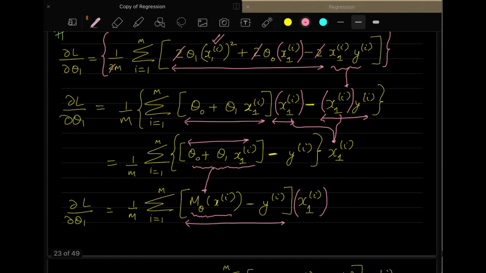So this is the derivative of the loss with respect to theta 1. Please note, this expression is similar to the derivative of the loss with respect to theta 0, but the only difference is you have this extra term here, which is x1. That is the first feature, the single feature that we have with x.